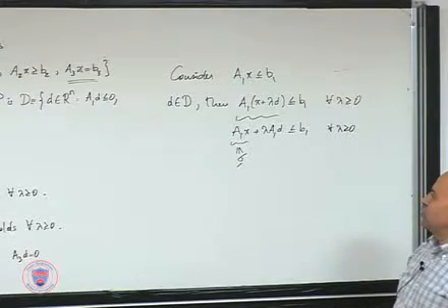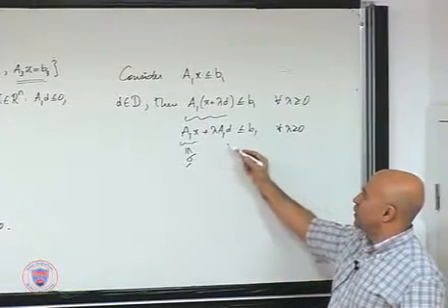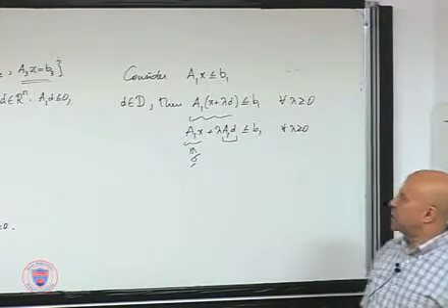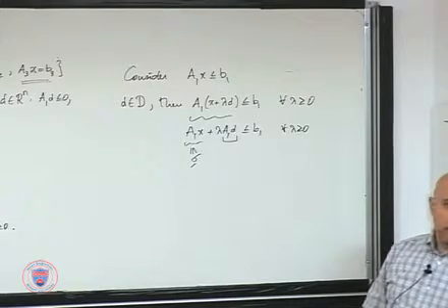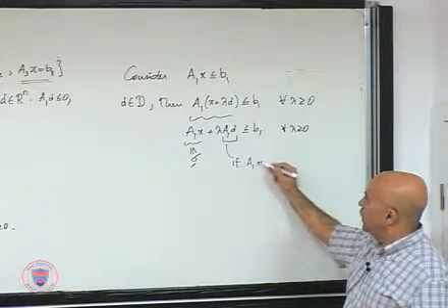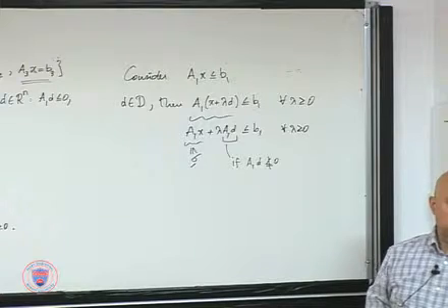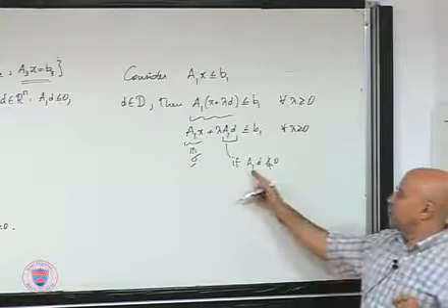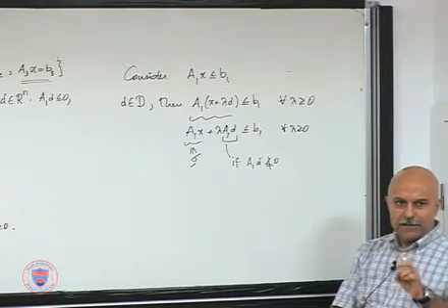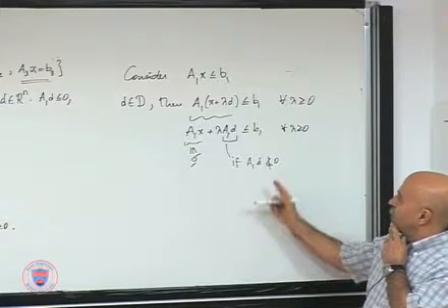But then what is the situation? If this is less than or equal to B1 and this is B1, if this part without the lambda, A1 times d, is not less than or equal to 0, what does that mean? That means there's at least one component of the vector A1d, A1 times d is a vector, okay? There's at least one component of that vector which is greater than 0.